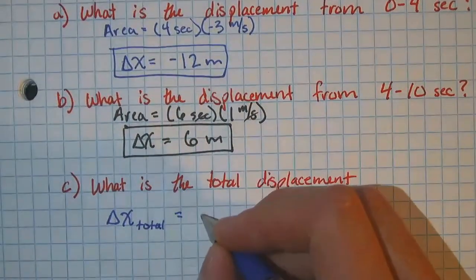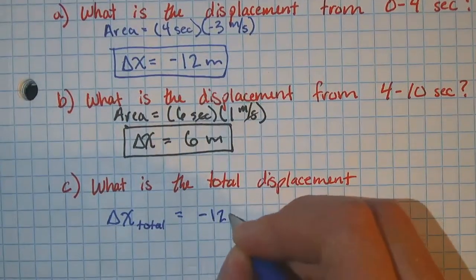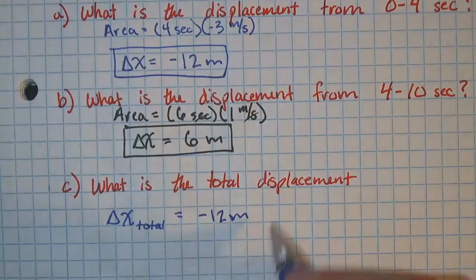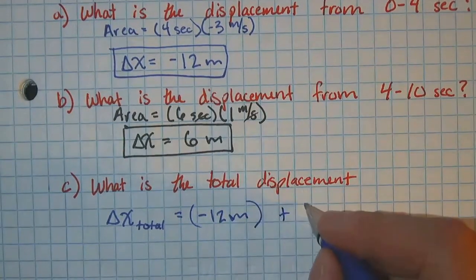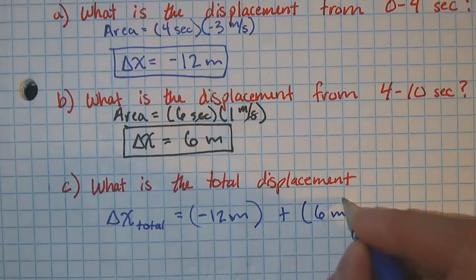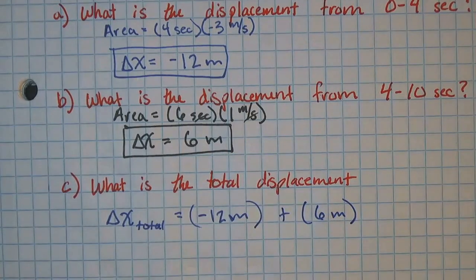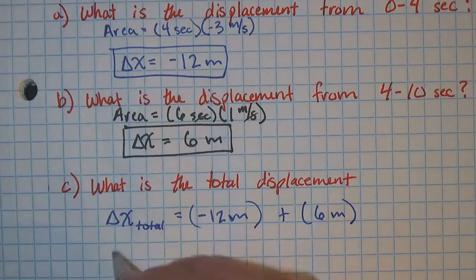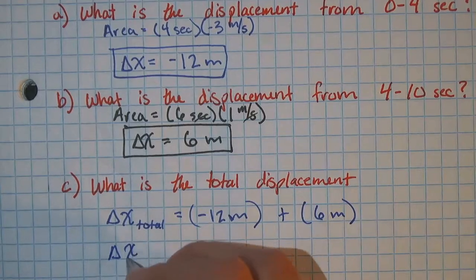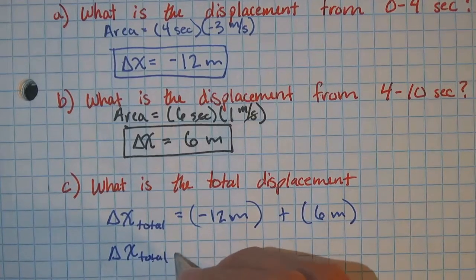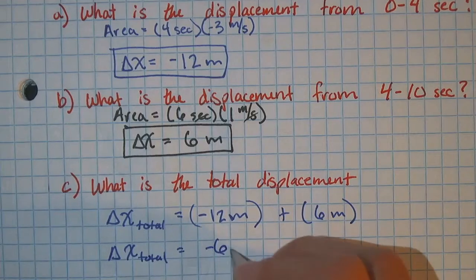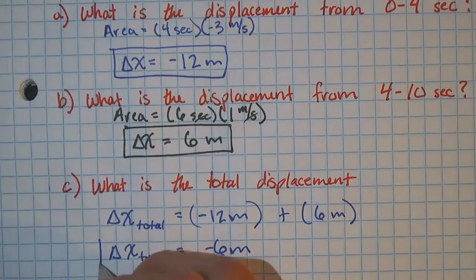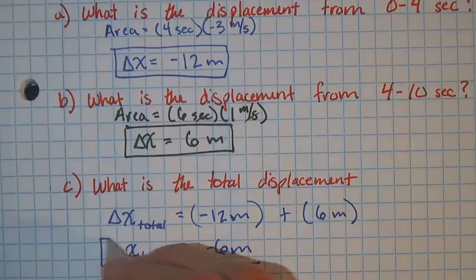So that's going to be negative 12 meters, because we went 12 meters in the negative direction, plus positive 6 meters, because we went 6 meters in the positive direction. And so negative 12 plus 6 is just going to give you negative 6 meters as your total displacement.